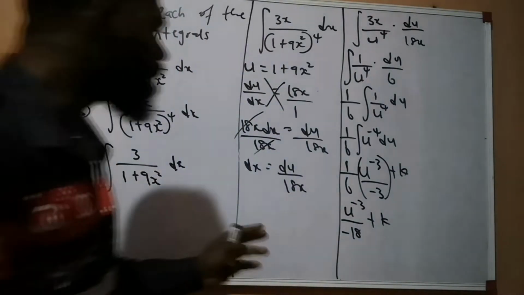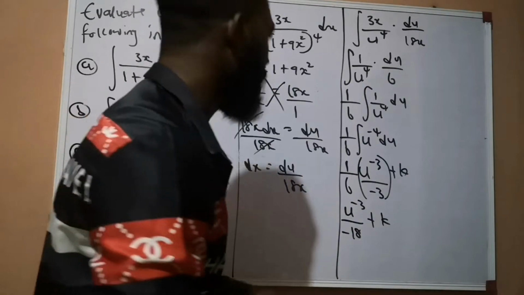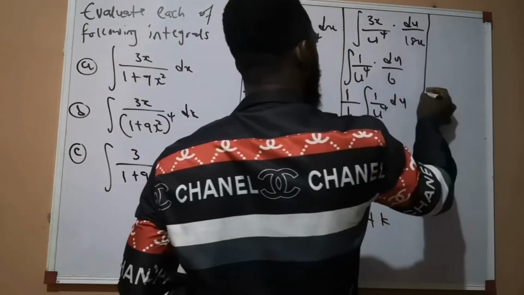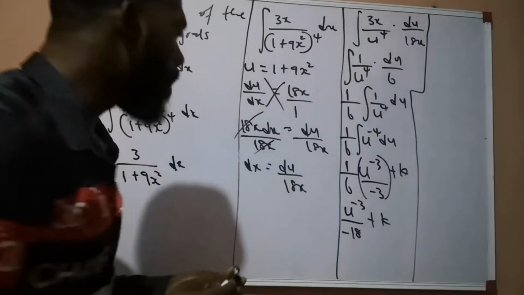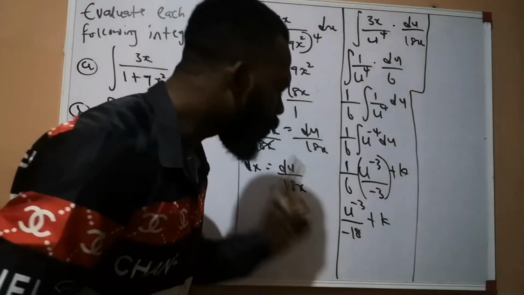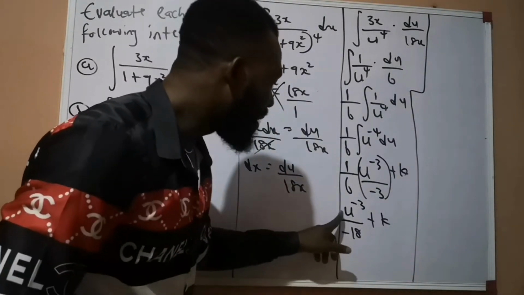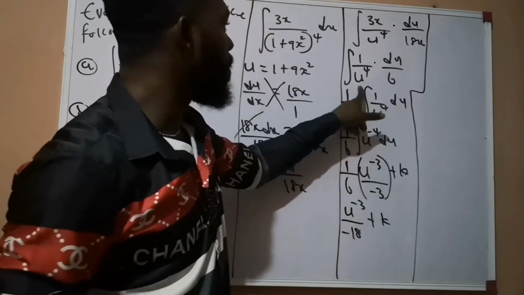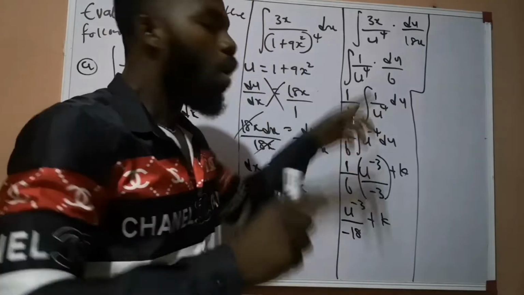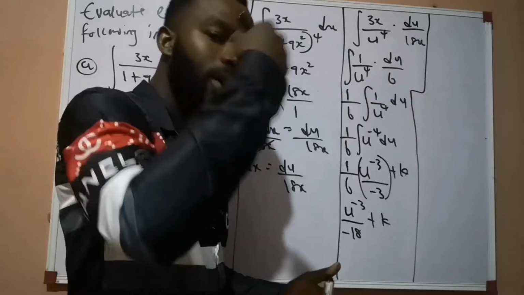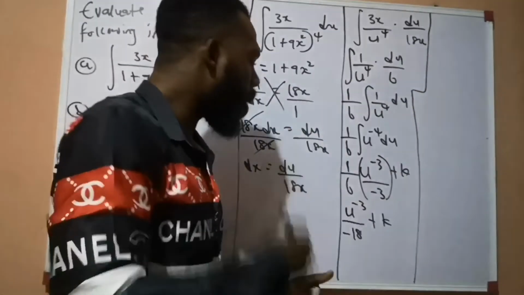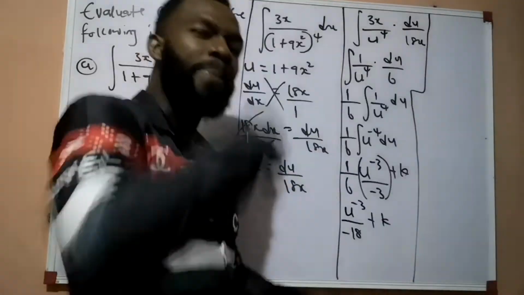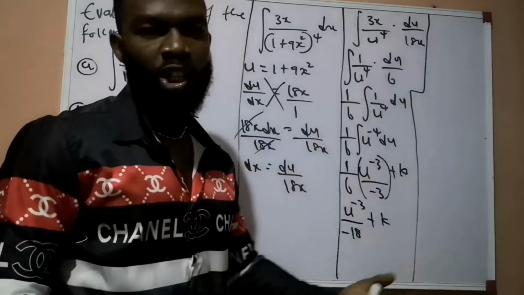Now without wasting time, this is what we are going to be having. Don't forget that this u, normally this u was at the denominator, not the numerator. We only took it to the numerator in order for us to integrate. So what we are going to do now is bring back the u to the denominator.